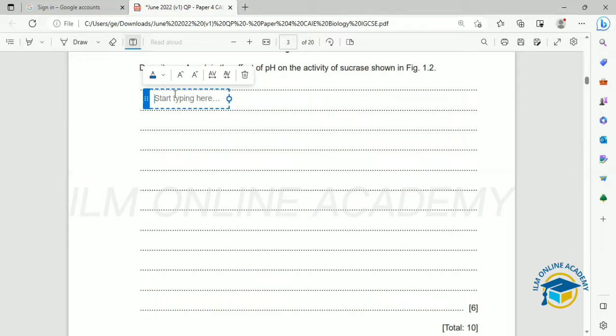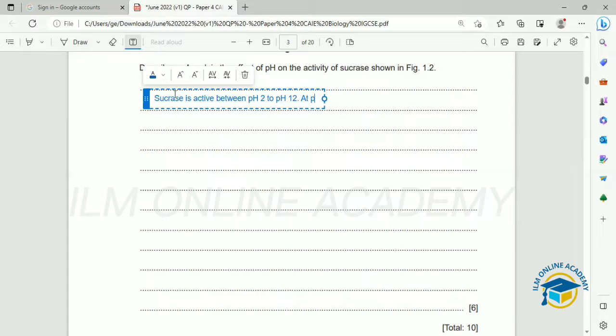So, according to the graph, sucrase is active from between pH 2 to pH 12.